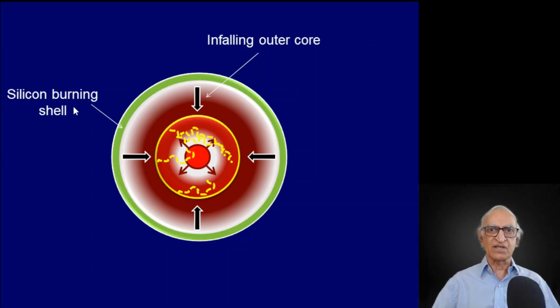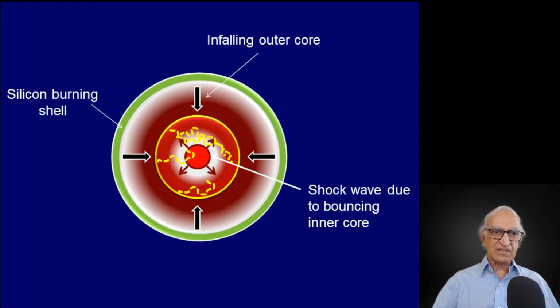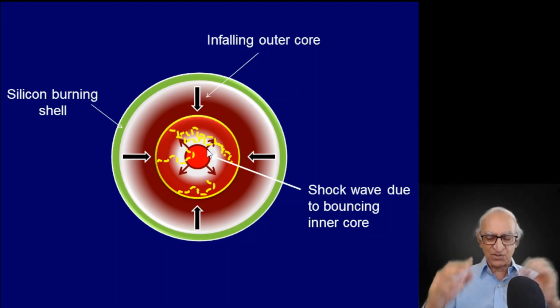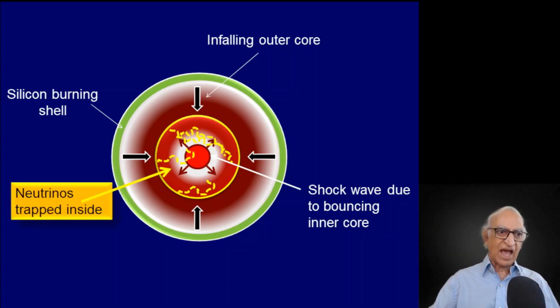Silicon is still being converted to the iron group of elements. And there is a shock wave, as was promised before, due to the bouncing inner core. And the neutrinos, which we thought would have escaped to infinity, are now trapped inside the core because their mean free path is comparable to the size of the collapsing core.